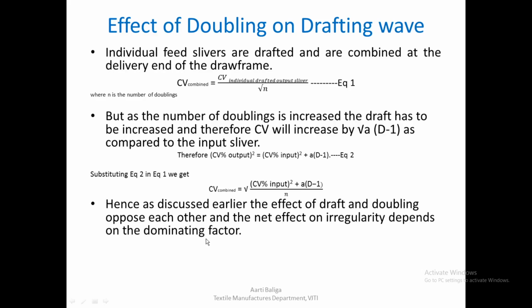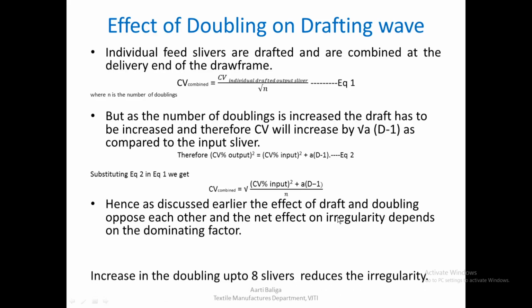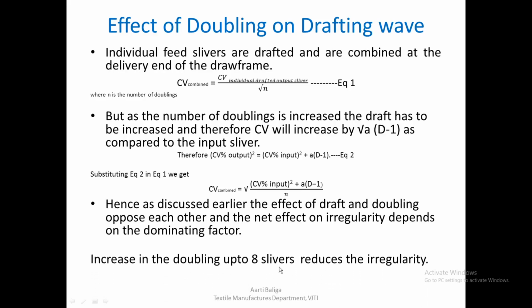Depending on which you have increased, the draft or the doubling, that will decide the CV of the combined output sliver, also given by this formula. Increase in doublings up to 8 is seen to reduce the irregularity. That is the reasoning why the number of slivers fed at a draw frame is around 6 to 8 only.